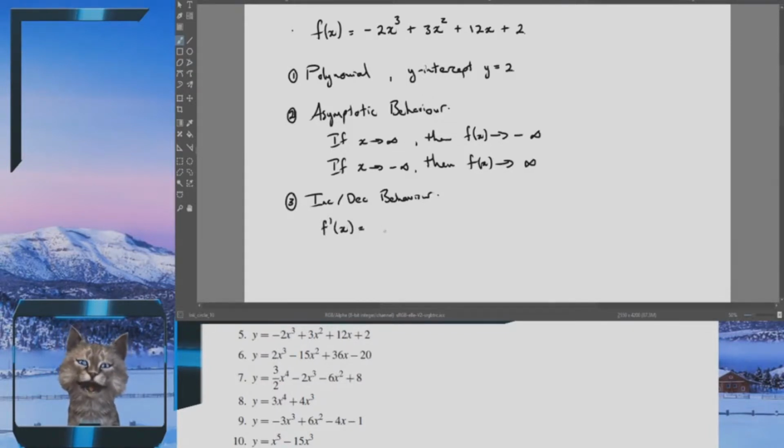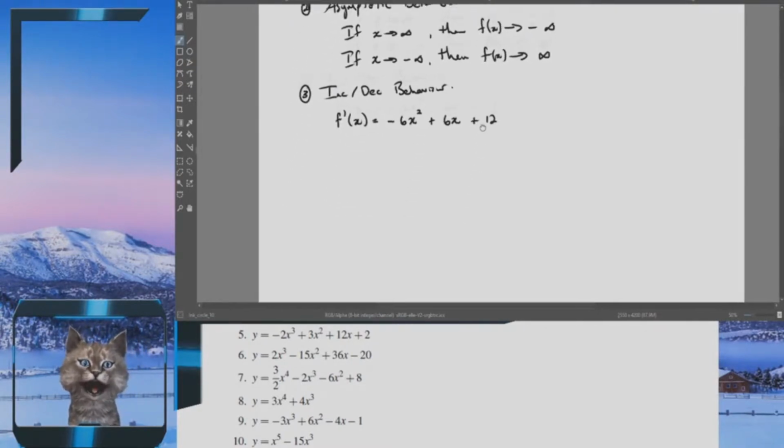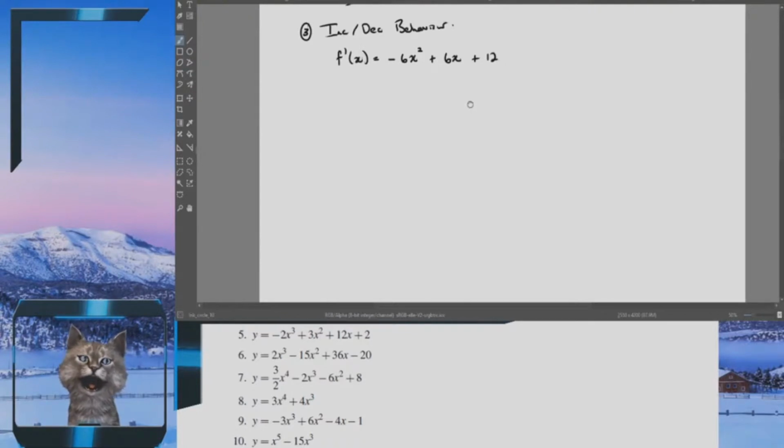So the derivative properties involved here are simple properties: the sum difference property, constant times a function, and our main power rule, giving us negative 6x squared plus 6x plus 12. So that is now our function that we're analyzing to say something about our original function.